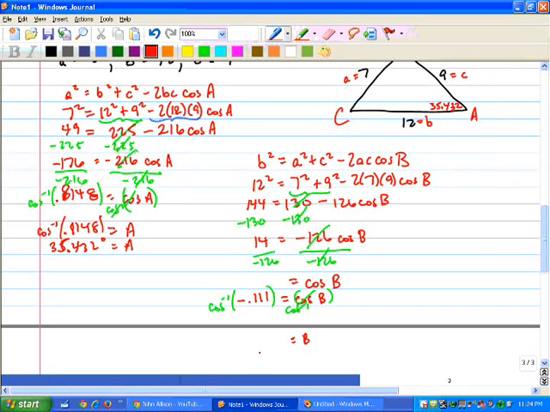Cosine inverse second cosine negative 0.111 gives me 96.373. That's angle B.